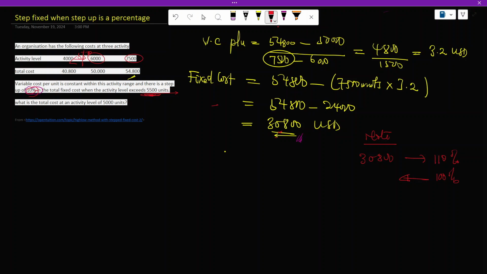Therefore, if we want the fixed cost associated with any unit that is 5,500 and less, we need to look at the fixed cost that is less than or equal to 5,500 units, and that is equal to 30,800 times 100 over 110.